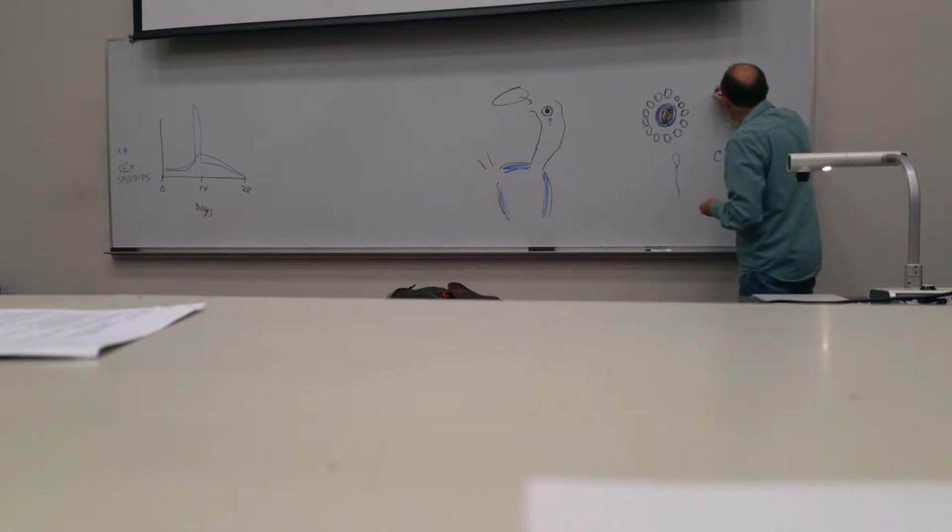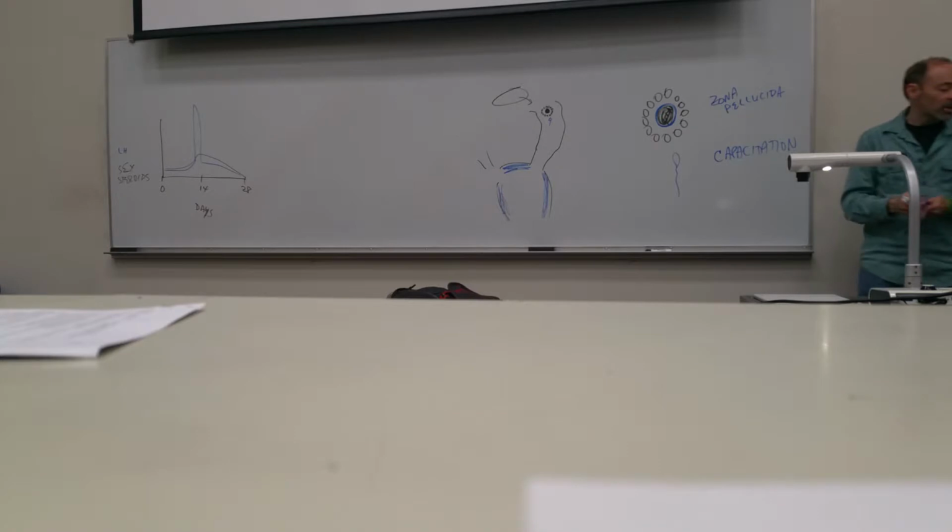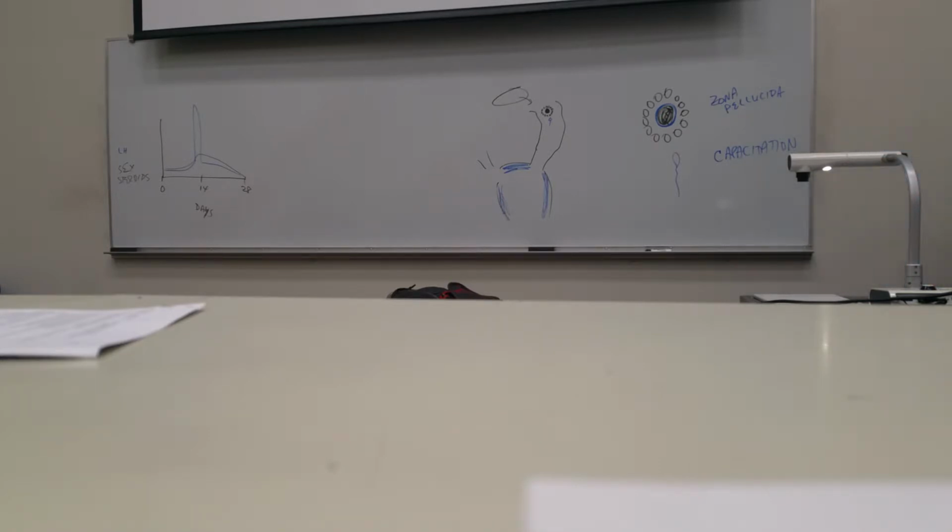It's called the zona pellucida. So the zona pellucida is this coating, a combination of some proteins and some polysaccharides, mostly protein, that coats the egg cell.